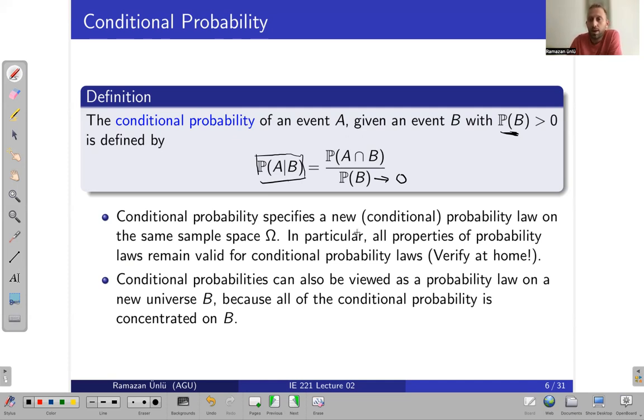If you cannot, please check the book, where there are some validations, and you can test yourself. Also, the conditional probability can be viewed as a probability law on a new universe, a new omega, because all of the conditional probability is concentrated on B. That will be our new omega, and all probability laws are valid in the new universe.